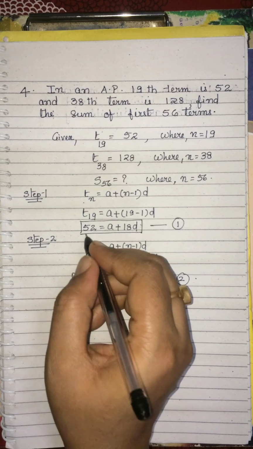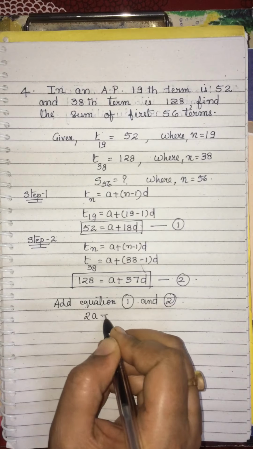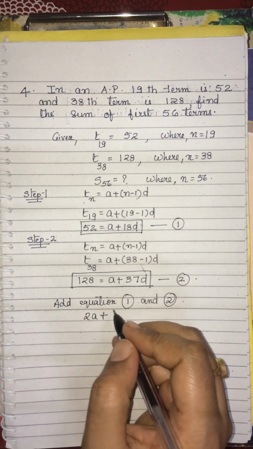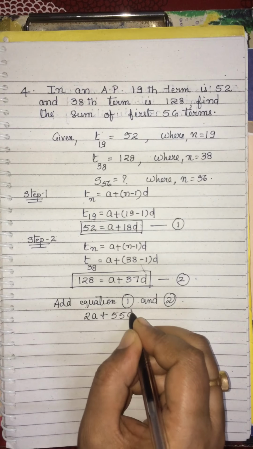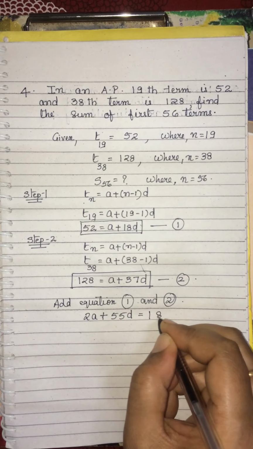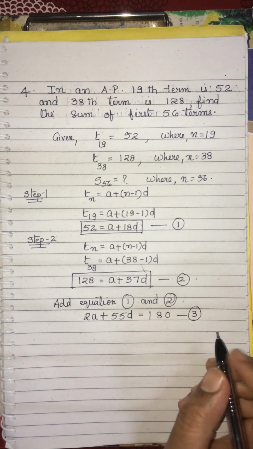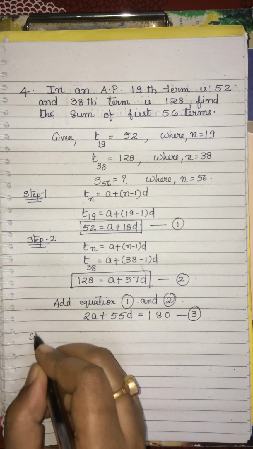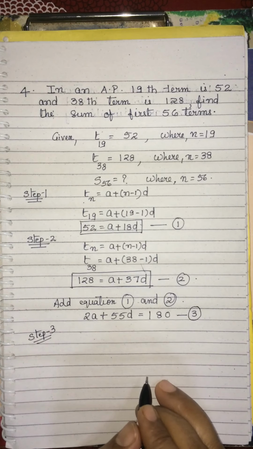A plus a is 2a. 18 plus 37 will give you 55, and when you add these two you are getting 180. So let us keep it with us. This is one way to do it, children. We have one more method also, which I will show you.